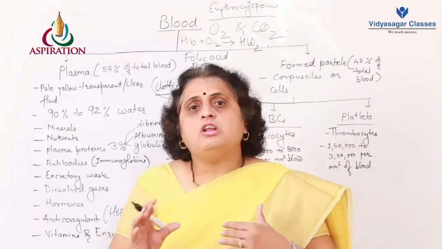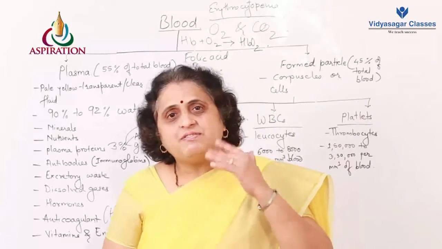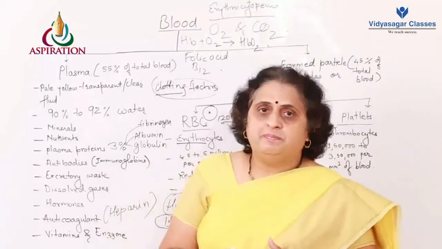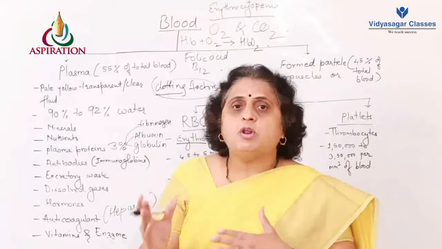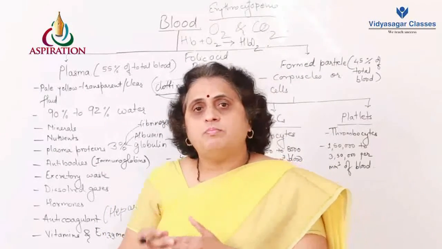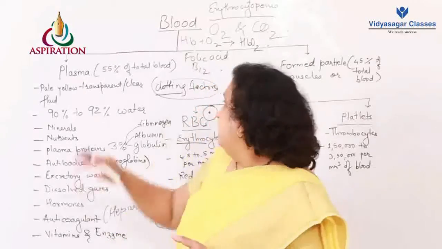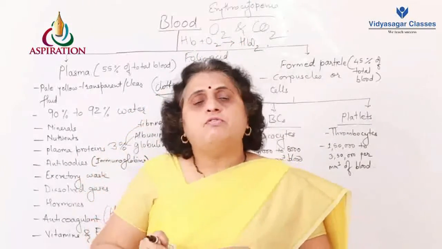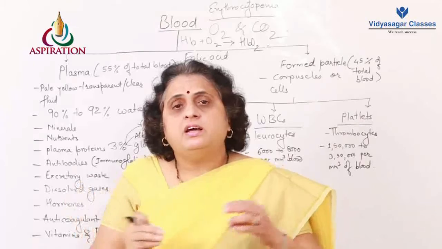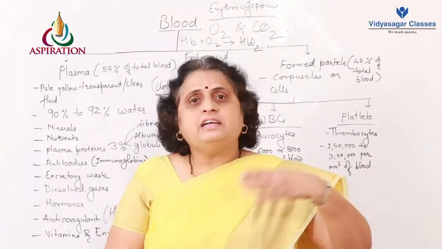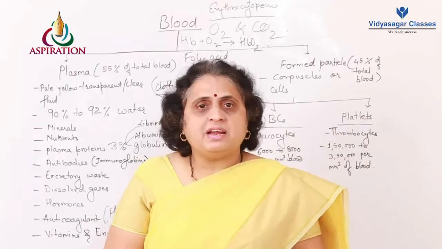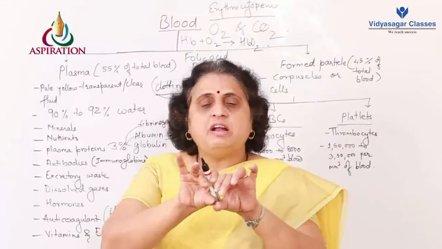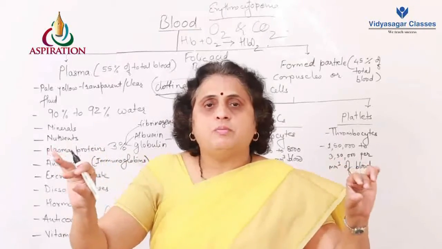But this free molecular oxygen does not stay free in the blood, but combines with the hemoglobin to form oxyhemoglobin, and oxygen is carried in the form of oxyhemoglobin in the body. At the tissue, the reversible reaction takes place and oxygen will dissociate from the hemoglobin.